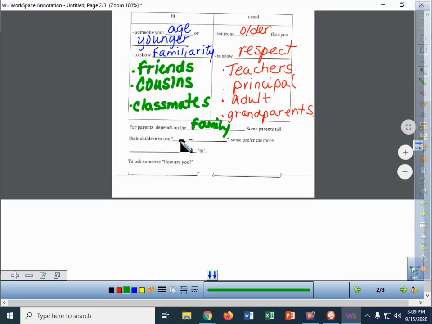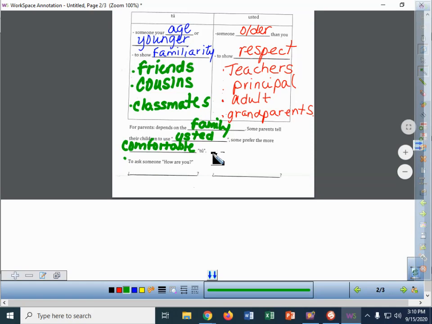Some parents tell their children to use usted. Some parents prefer the more comfortable tú.